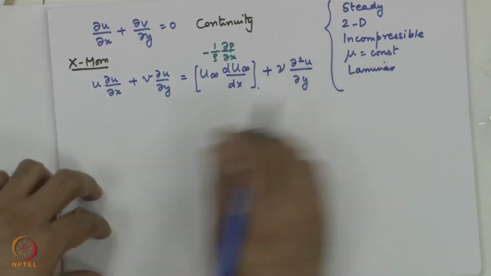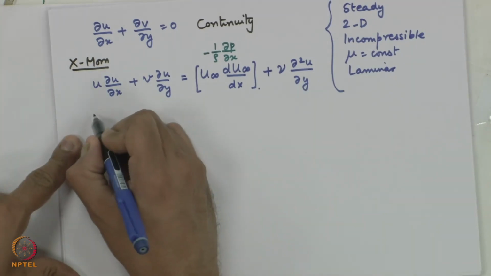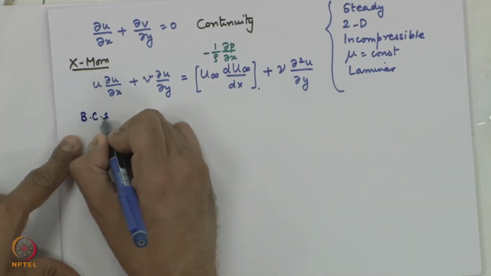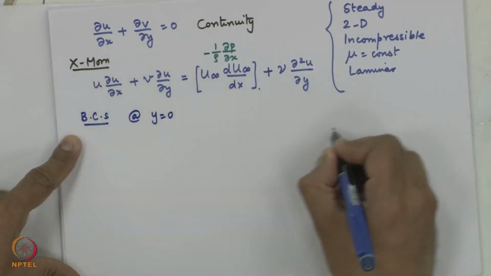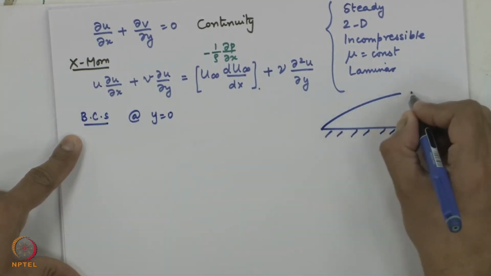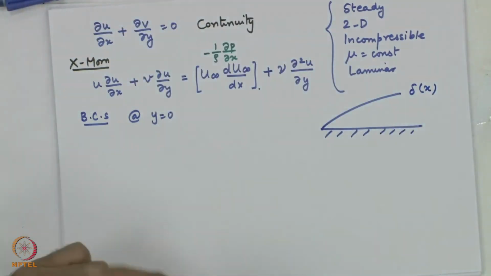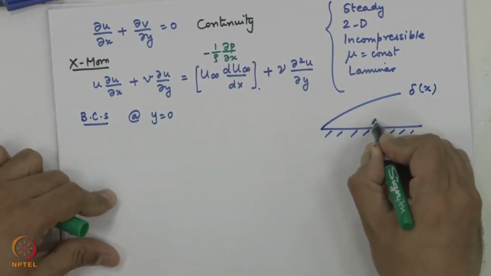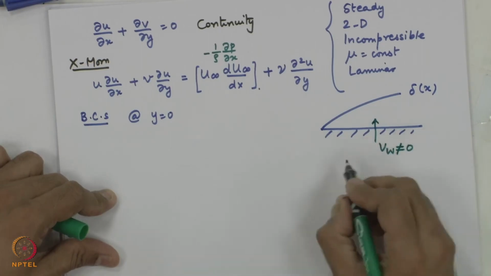Of course, when we write a governing equation, we need to write the boundary conditions. So, let us write the boundary conditions. At y equal to 0, we always draw this flat plate. This is your delta as a function of x. We are going to do this derivation for a general case where Vw is not equal to 0.